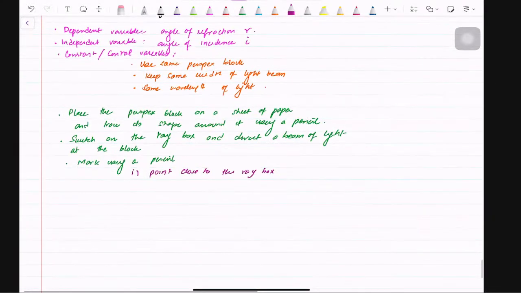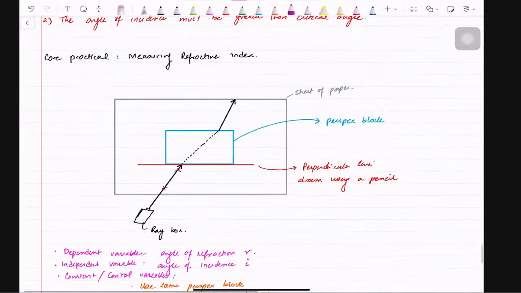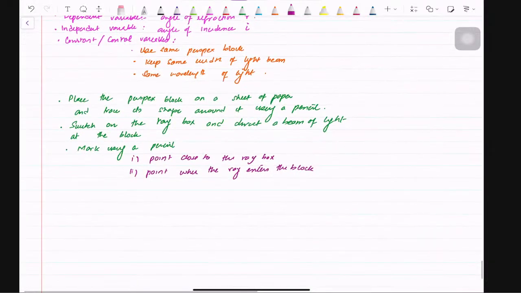Then number 2, the point where the ray enters the block. Like, you can put it here. Then number 3, the point where the ray exits the block.